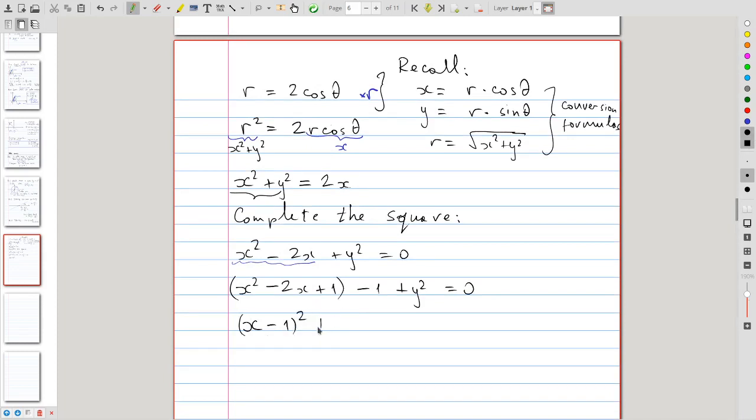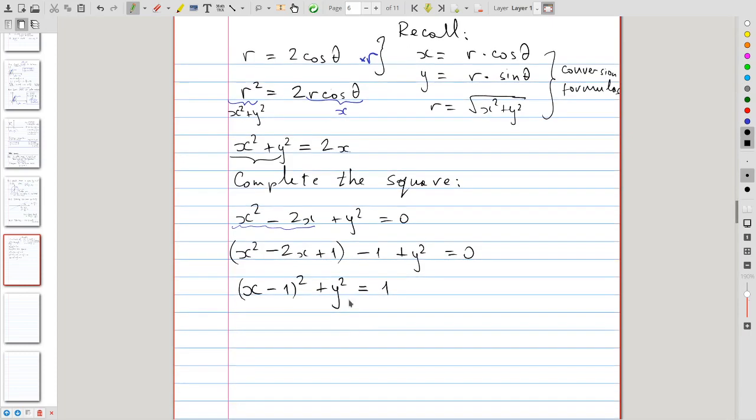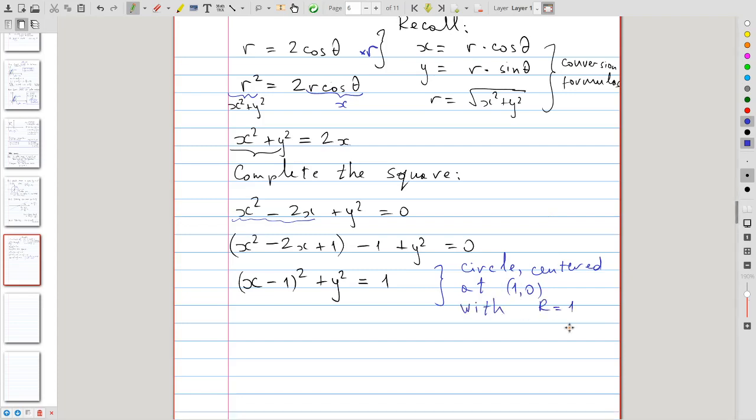And then I'll have a plus y squared, and I can put the minus 1 in the right hand side with the minus sign, like so. So I have x minus 1 squared plus y squared equals 1. And this is the Cartesian equation of the circle centered at 1, 0. So this is the point in Cartesian coordinates here, with radius equal to 1.